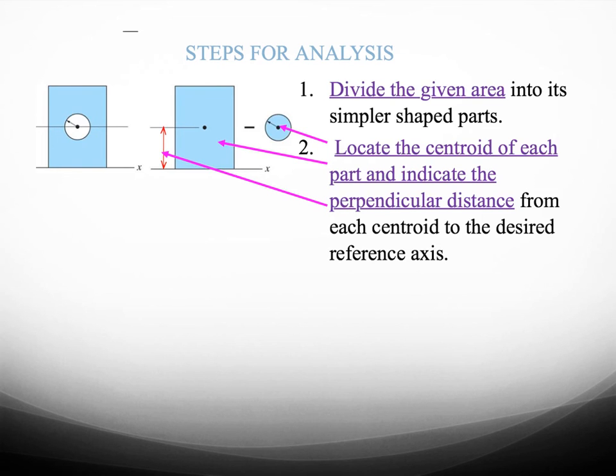So we take the shape and divide it into its parts. Like in this example, we have a rectangle and a circle, and we want to find the centroid of each piece, and then we have to find the distance of that piece to the axes.